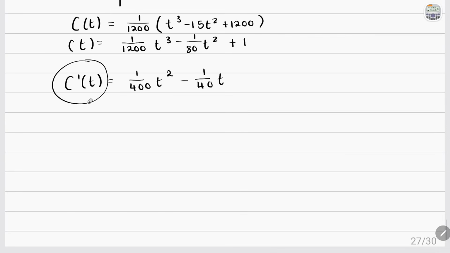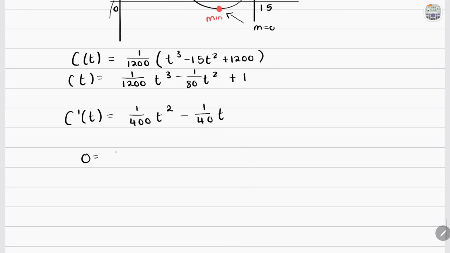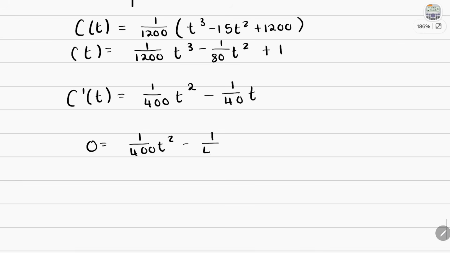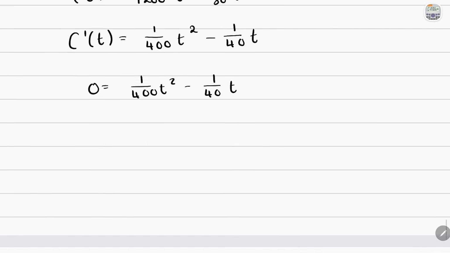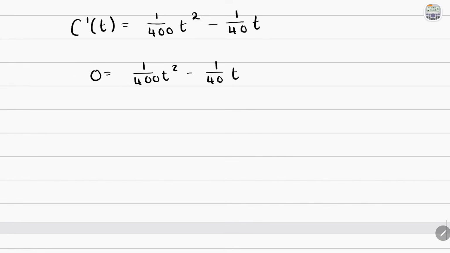And we're trying to find out where that gradient is equal to 0, because that's going to pinpoint the turning points. And then we have 1 over 400 t squared minus 1 over 40 t. So we have t squared, we have t. You see that we also have a common factor all through. Here, we know that 40 in the denominator can go into 400.